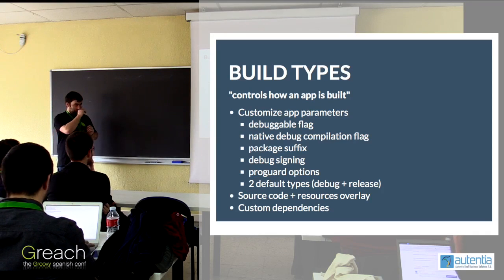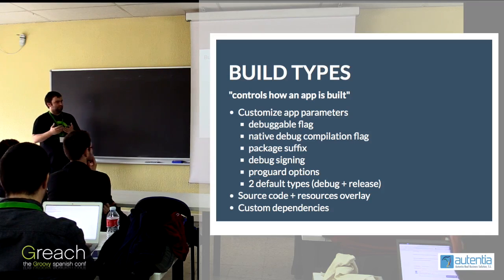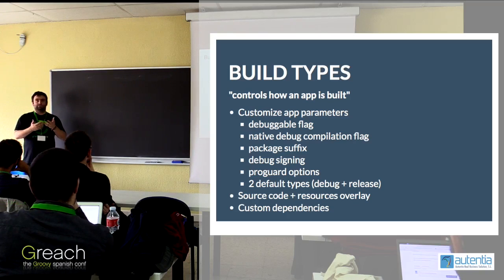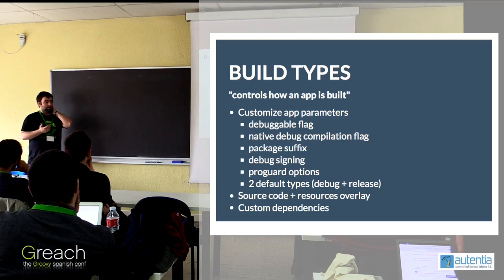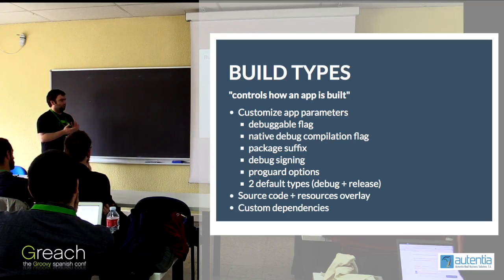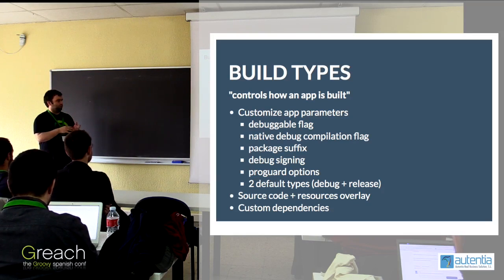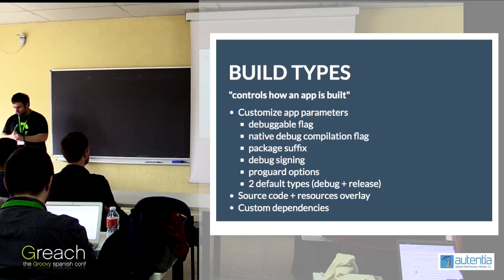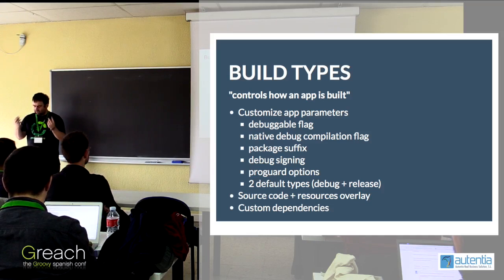But if you build the debug build type, there's another directory which is compiled, called source debug basically, where all the sources are built and packaged into that APK. And the same is true for release or whatever. And if you have the same sources in main and in the build type, the build type one always wins. It overrides the defaults of the main one.